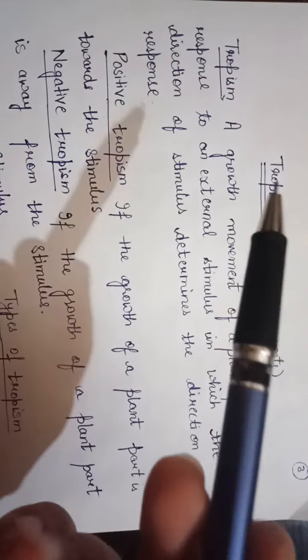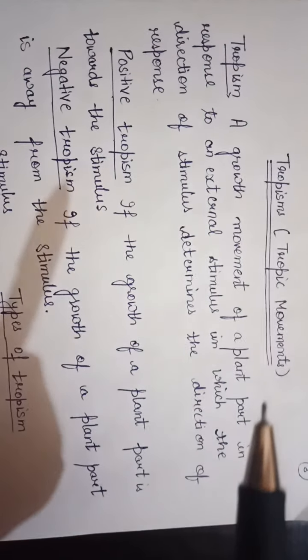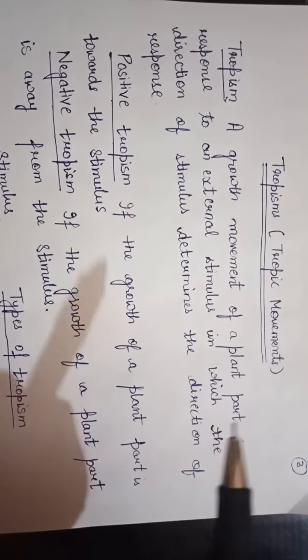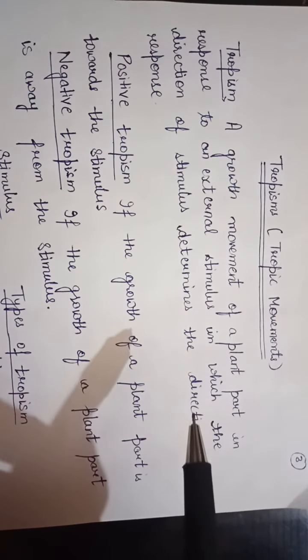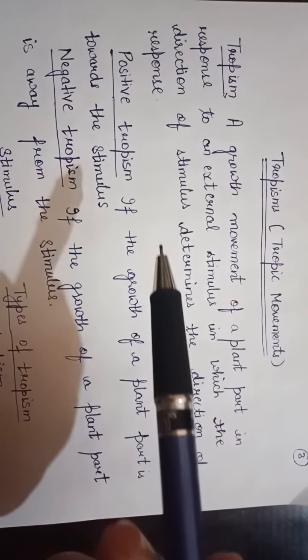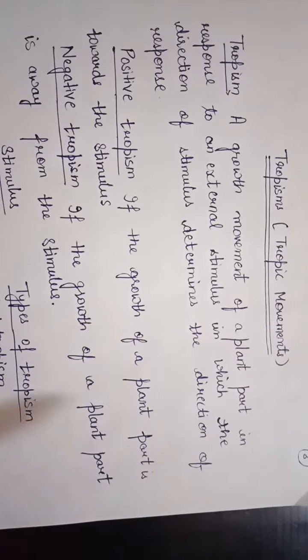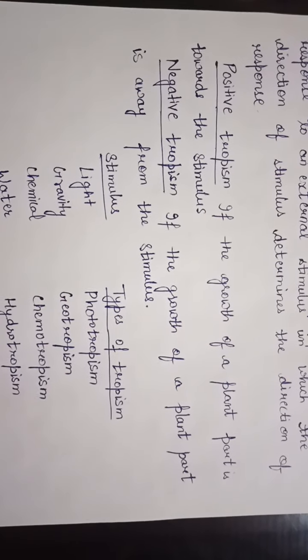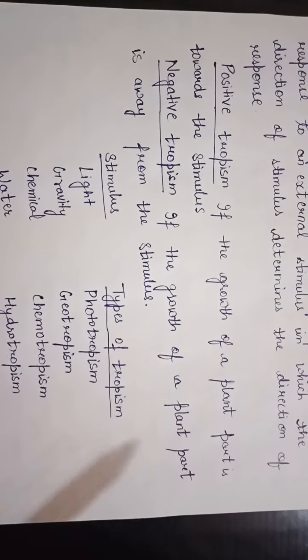Tropic movements, also known as tropisms, are growth movements of a plant part in response to an external stimulus, in which the direction of stimulus determines the direction of response.